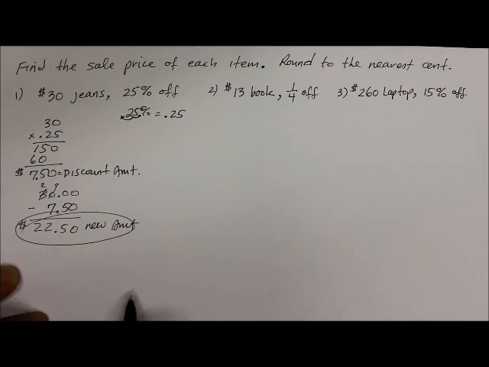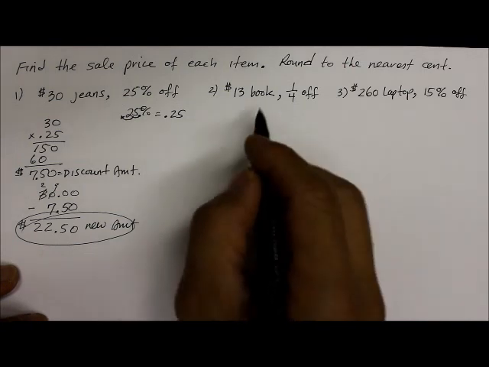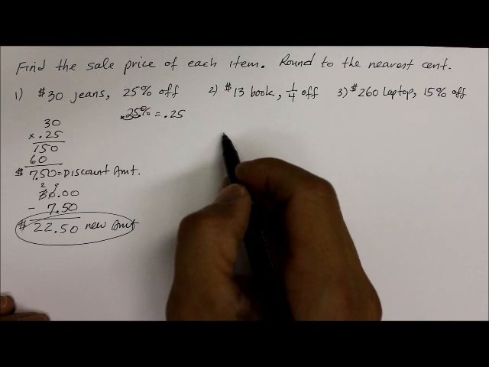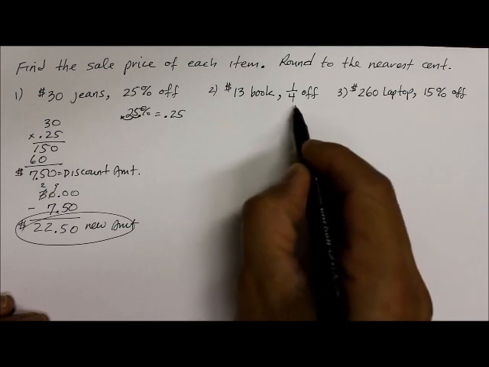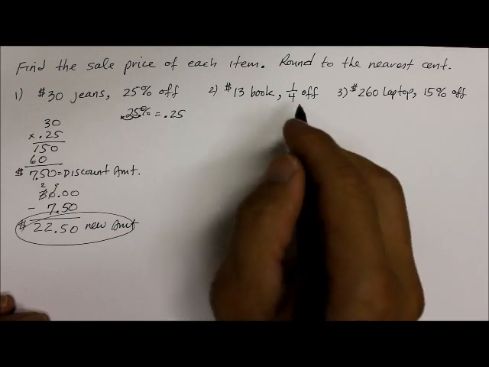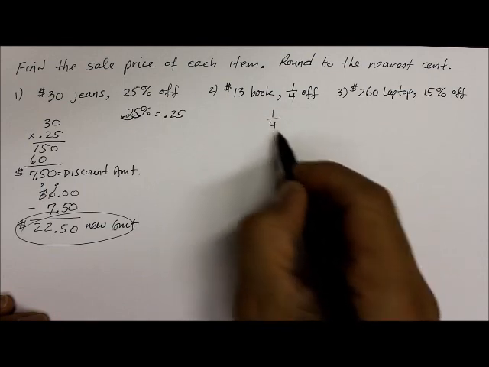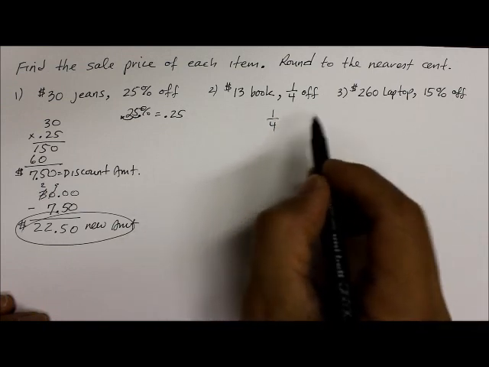Okay? How about this one then? Alright. The original amount is $13 on this book. Must be one of those popular books that my students are reading. Now it says here 1/4 off. Now on the previous instructional videos, you learned how to change a fraction into decimals. In this case, I always tell the students, top number goes inside. What does that mean?